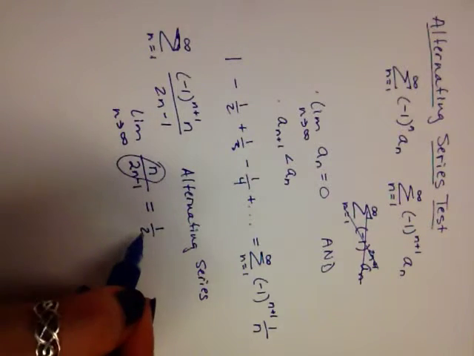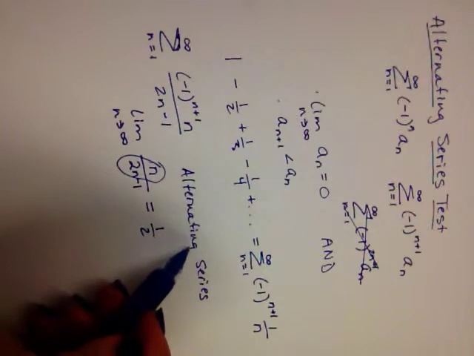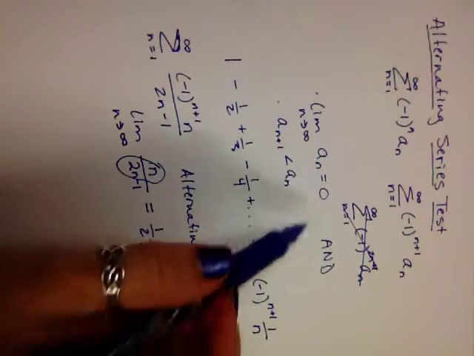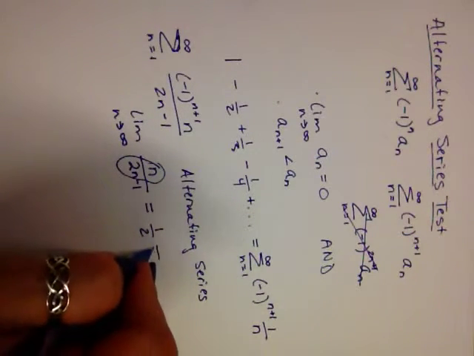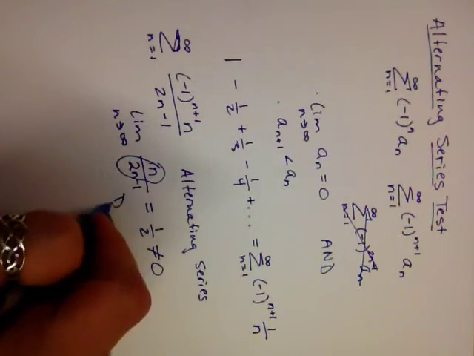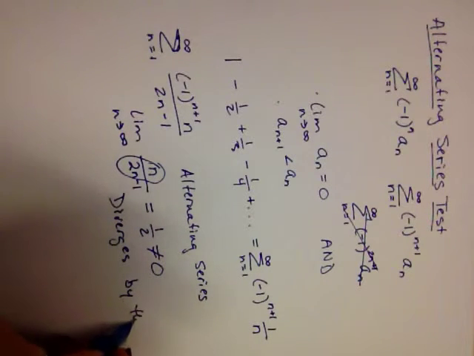The behavior of this will be like 1/2 out towards infinity. The n's cancel out. My limit is 1/2. It's not 0. So this does not converge by the alternating series test. So I would actually say this diverges by the nth term test.